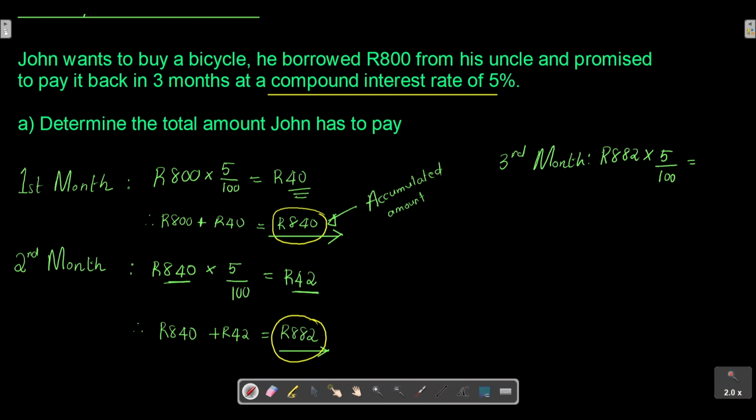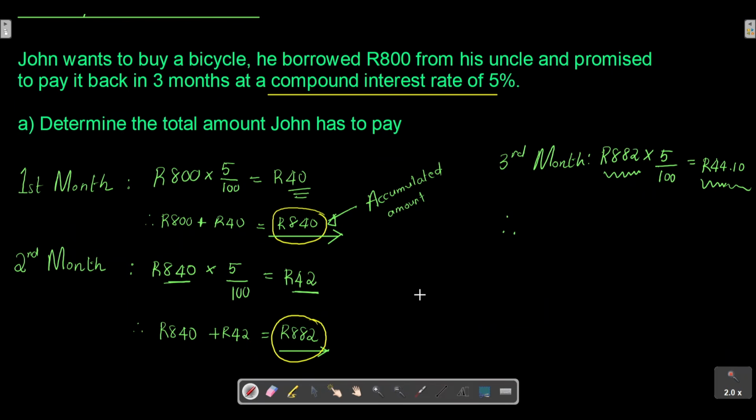If you punch this into your calculator, you will get that the interest he will pay in the third month is 44 rand and 10 cents, meaning that in total John will pay his uncle back this 882 rand plus this 44 rand and 10 cents.